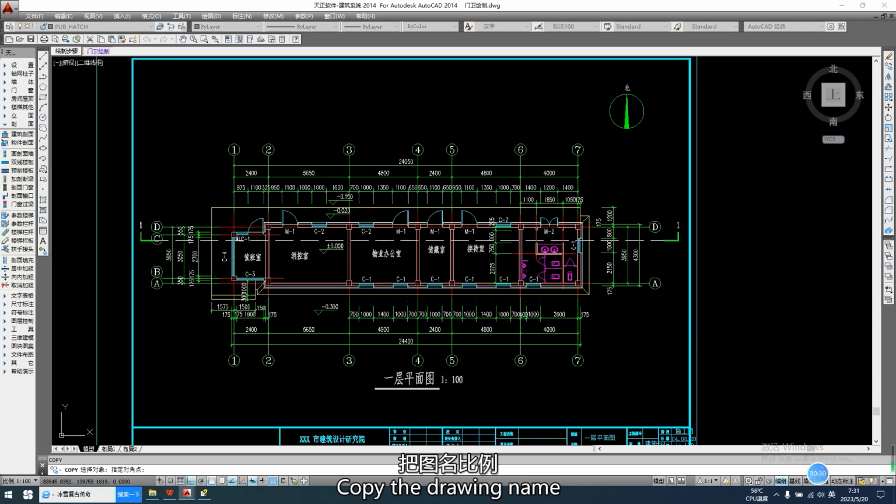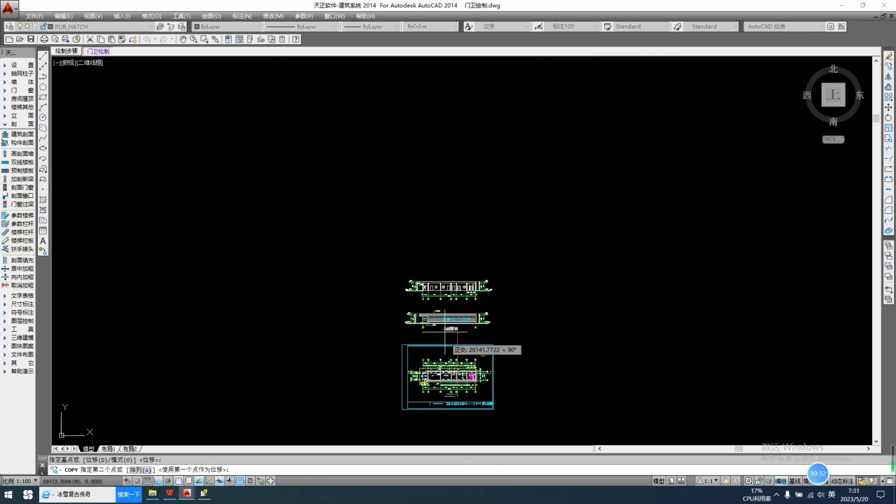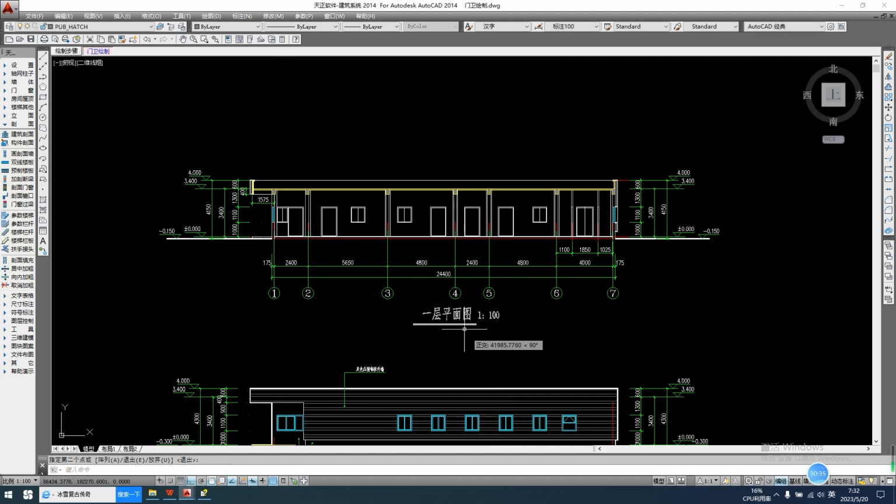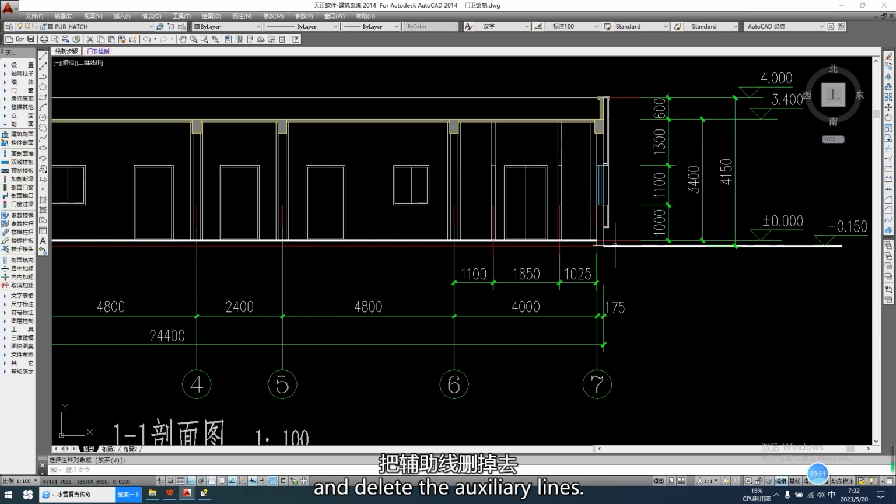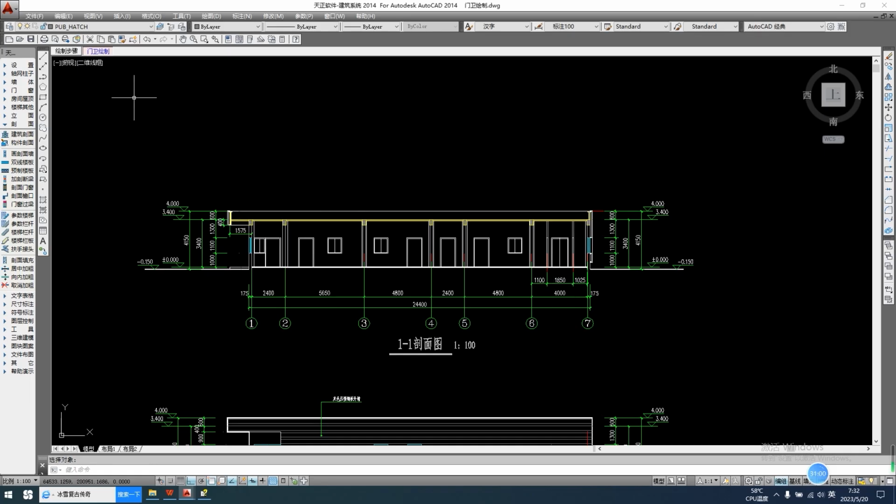Copy the drawing name and scale over, and delete the auxiliary lines. Our sectional drawing is completed.